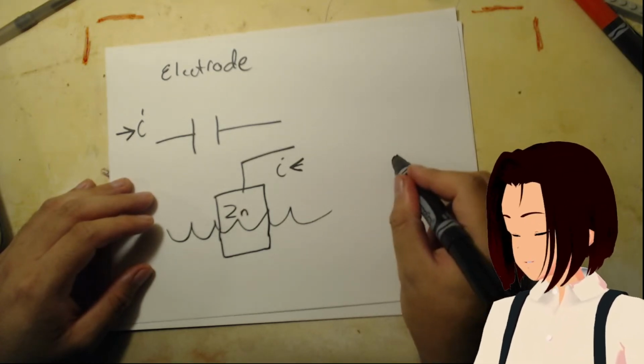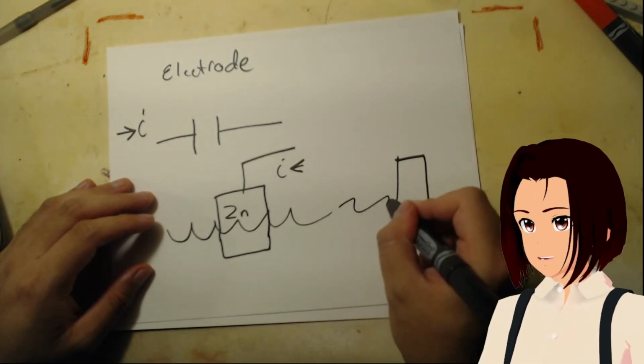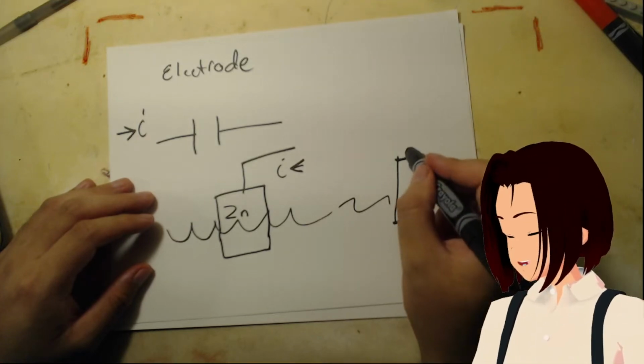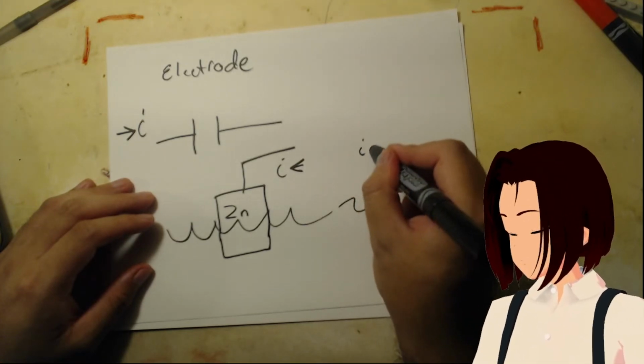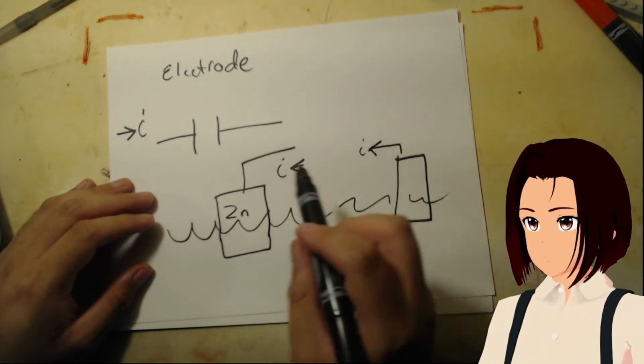So we have another piece of metal right here, probably in the same liquid, and current comes out of the cathode into the anode.